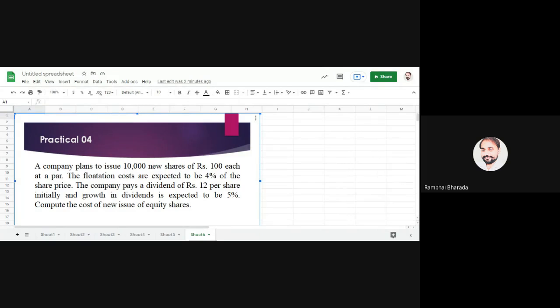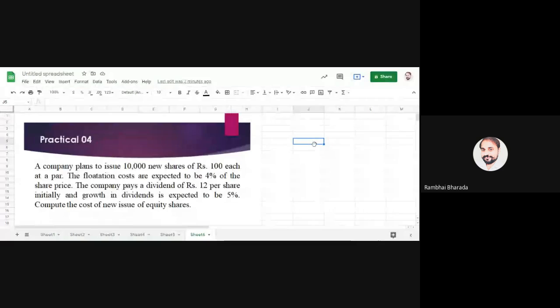Are we clear? The concept and formula are clear for everyone? Okay. Now write down the formula and put the values. The formula is KE is equal to D divided by NP plus G. For the calculation purpose, I am putting this entire calculation in a bracket, so you can easily understand that first we do this calculation.